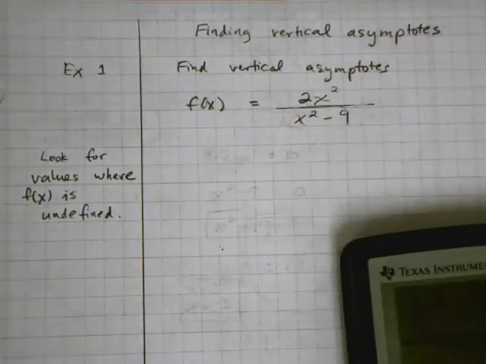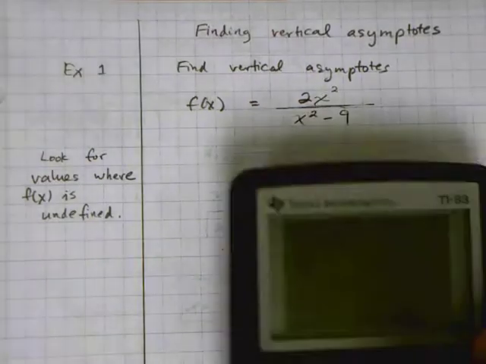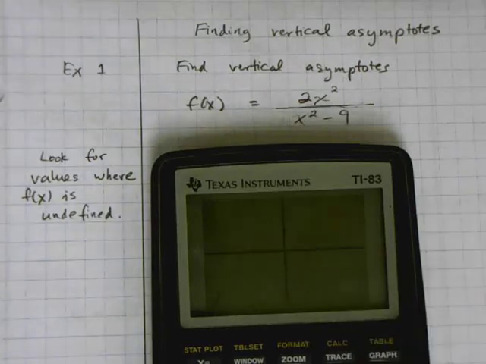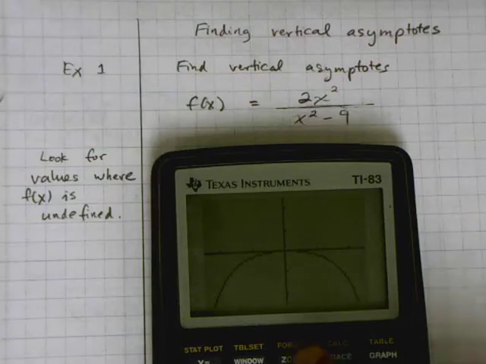To explain why we do that, let me graph this function here. I'm going to type in 2x squared divided by x squared minus 9 and graph it. Okay, and I'm going to zoom out.